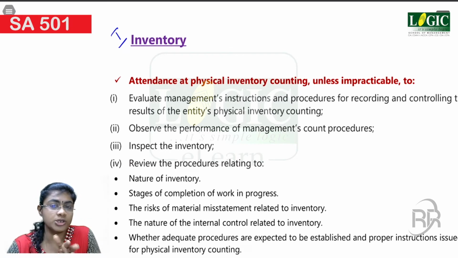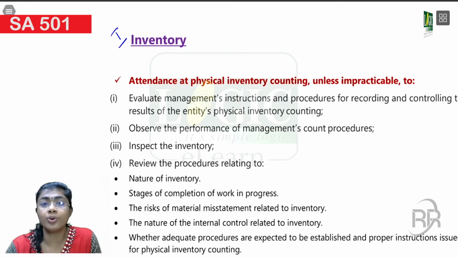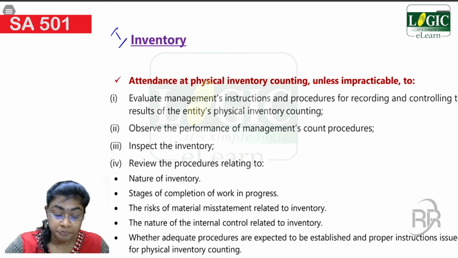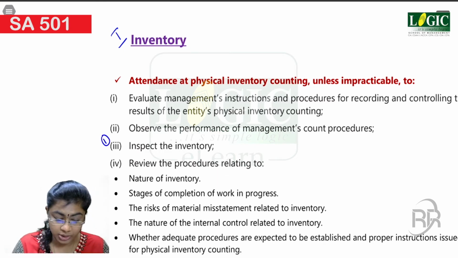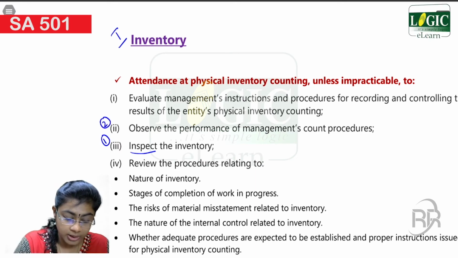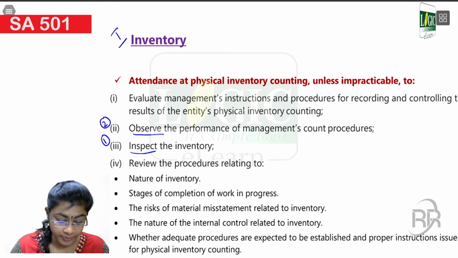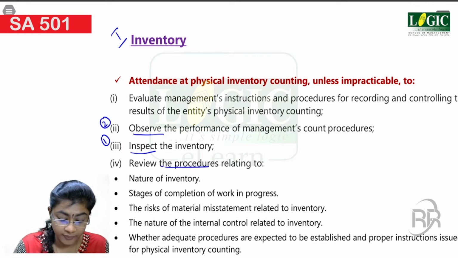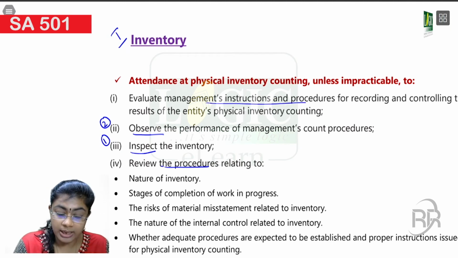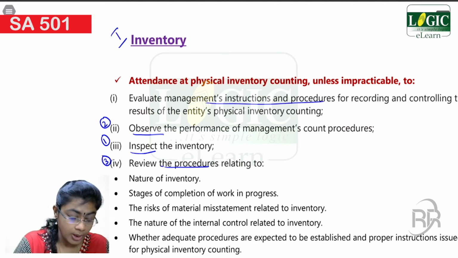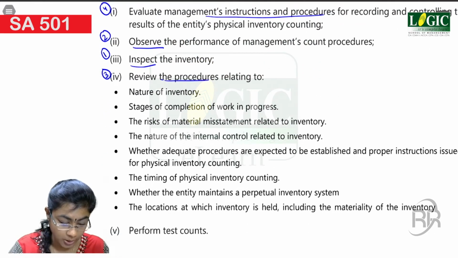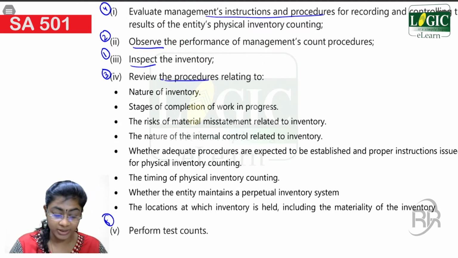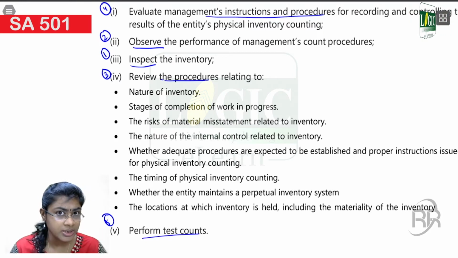I just wanted to show you one more thing here. See, we'll come in our order. We said to inspect, then observe, then review the procedures, evaluate management instructions, and also perform test counts, right?